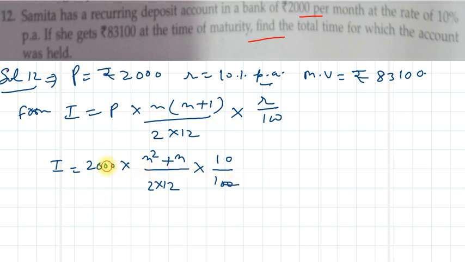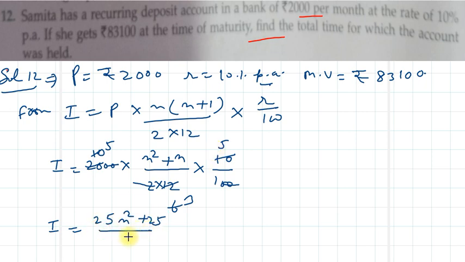So this got cancelled with this, and 2 10s are 5, 2 6s are 12, 2 5s are 10... so I would become 25 into n square plus n upon 3, right? So this is the value of I.